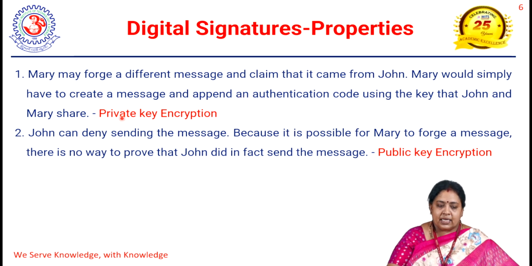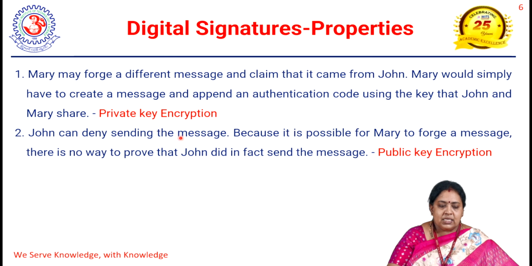Or if they use public key encryption, John can deny sending the message, because it is possible for Mary to forge a message. There is no way to prove that John did in fact send the message. We cannot prove that John has sent the message or that Mary has received it.